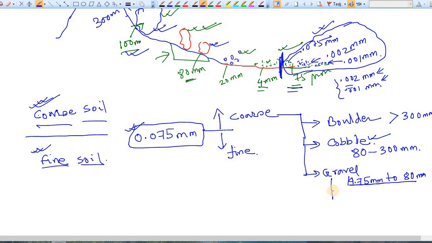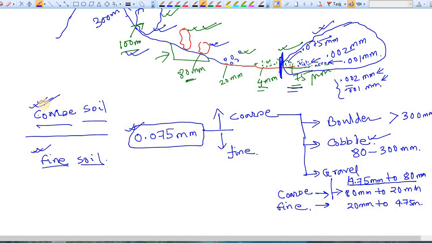That's why we again divide this gravel into subgroups. The range 80 mm to 20 mm is known as coarse gravel. Then 20 mm to 4.75 mm is known as fine gravel.